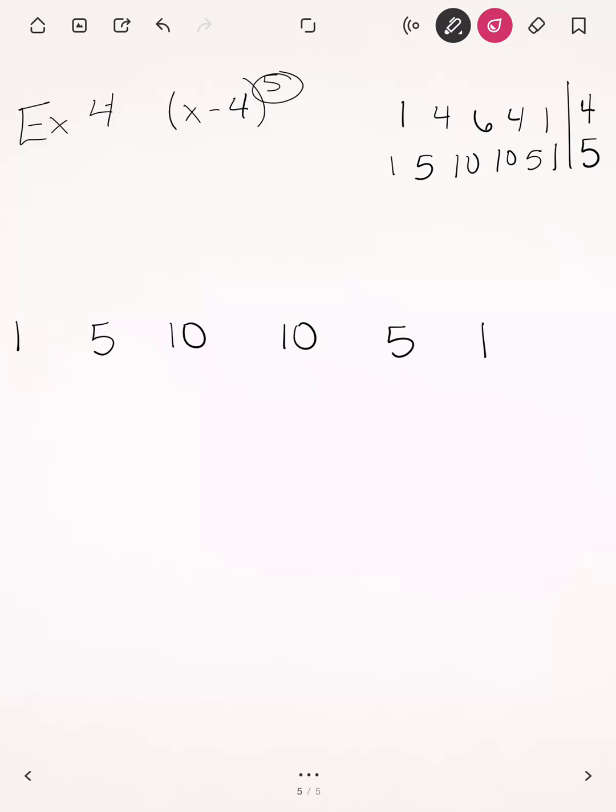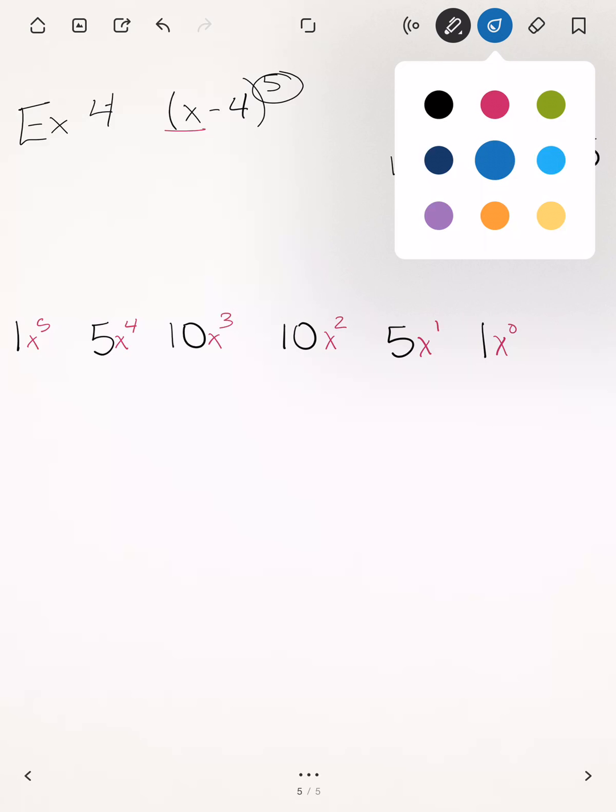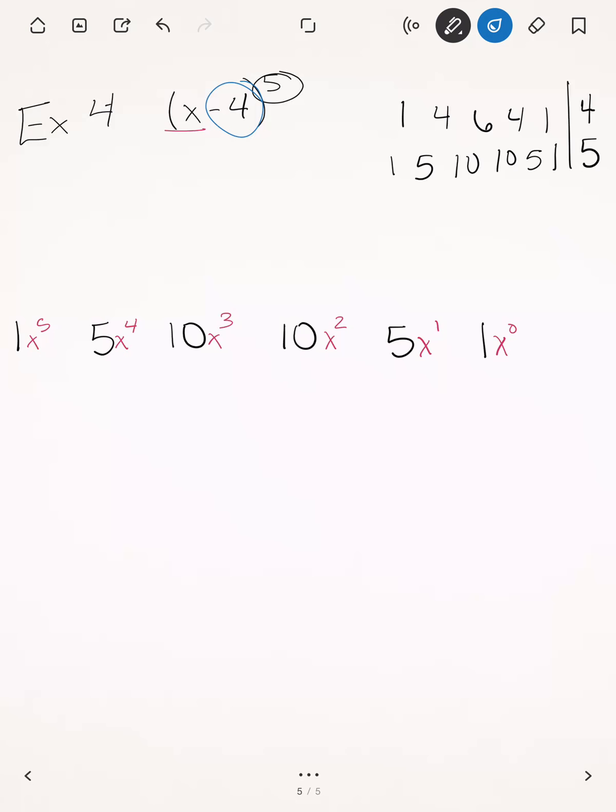So again, same process. Take my first term, x to the 5th, x to the 4th, x cubed, x squared, x to the 1st, x to the 0. Take my second term, negative 4 to the 5th, negative 4 to the 4th, negative 4 to the 3rd, negative 4 squared, negative 4 to the 1st, and then last but not least, negative 4 to the 0.